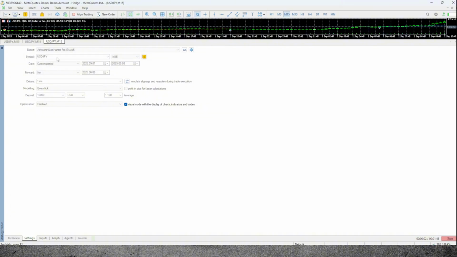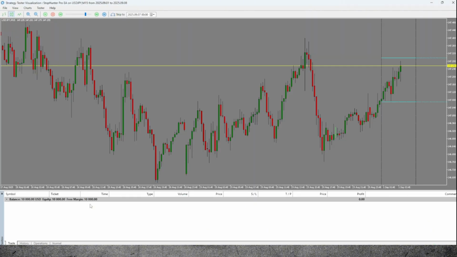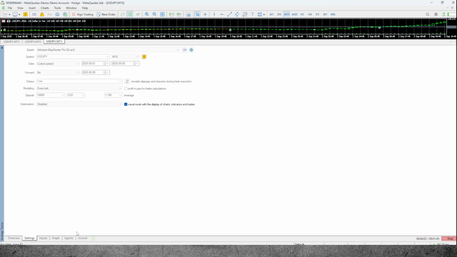And you can see here's an example of how it actually plays out, starting from the 1st of September, which is the 1st of this month. So it is going to test for this particular month that we are in, and here are the entries. The risk per trade is going to be 2%.